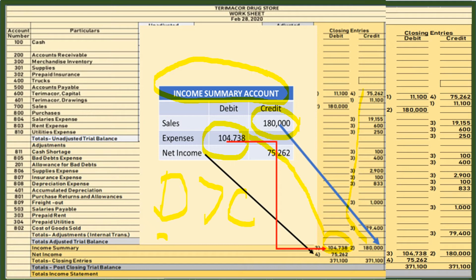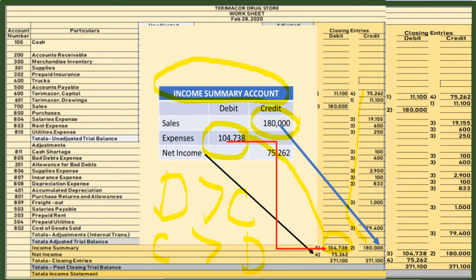And when the credit is greater than the debit, there is net income, or the sales is greater than the expenses, because the sale is in the credit side of the income summary. So if the difference is on the credit side, then that is net income. But if the difference is on the debit side, then that is a net loss.